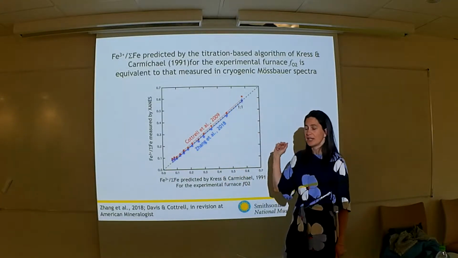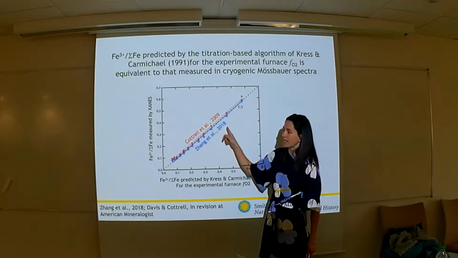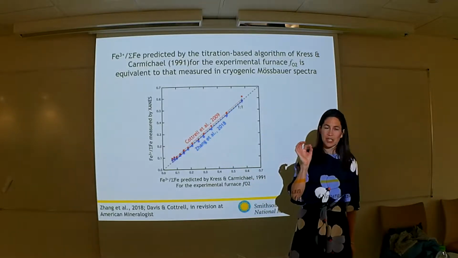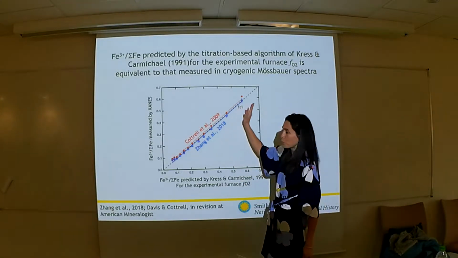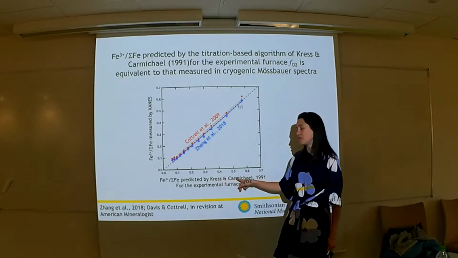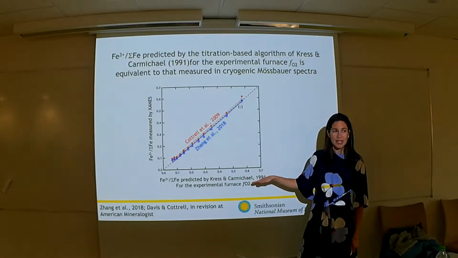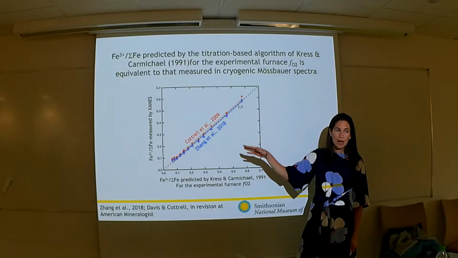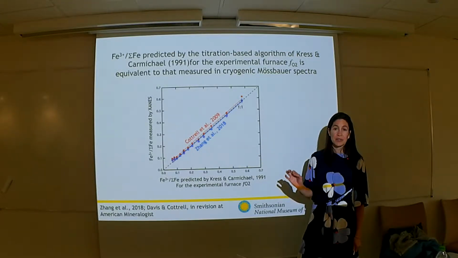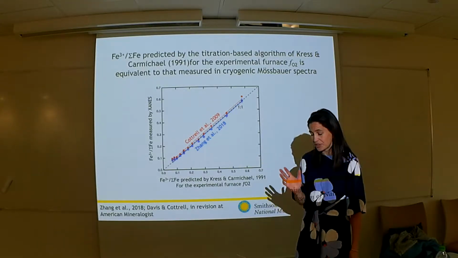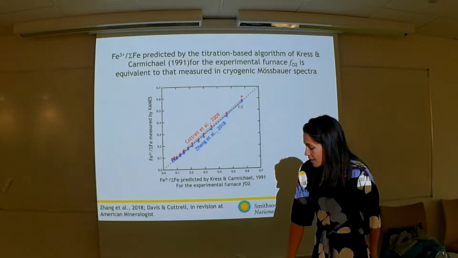That's a dotted line here. And now the Zhang et al., with this slight correction, gives essentially perfect agreement between, this is a wet chemical study, titration study, of Kress and Carmichael and the Mossbauer work, once we consider recoilless fraction. So this is new Mossbauer work.